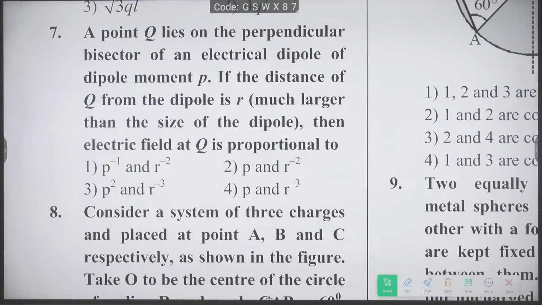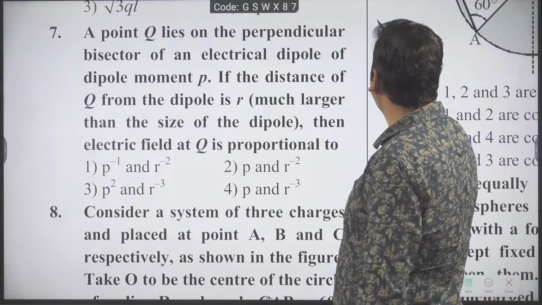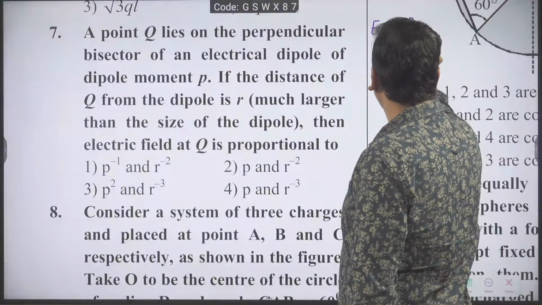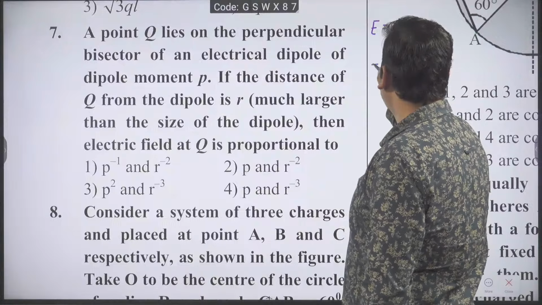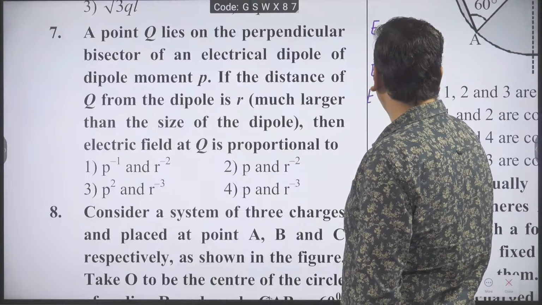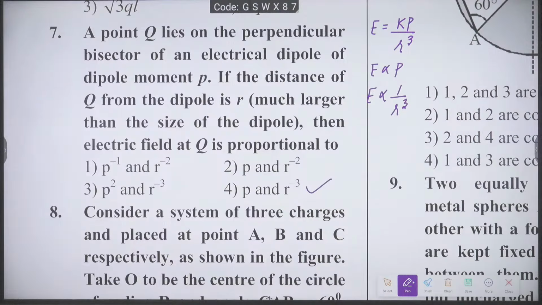A point Q lies on the perpendicular bisector of an electric dipole of dipole moment P. If the distance of Q from the dipole is R, much larger than the size of the dipole, meaning we are talking about a short dipole, then the electric field at Q. We are placed on the perpendicular bisector, the equatorial point. So we have the formula Kp by R cubed, which means E is proportional to P and E is inversely proportional to R cubed. So the fourth option is correct.